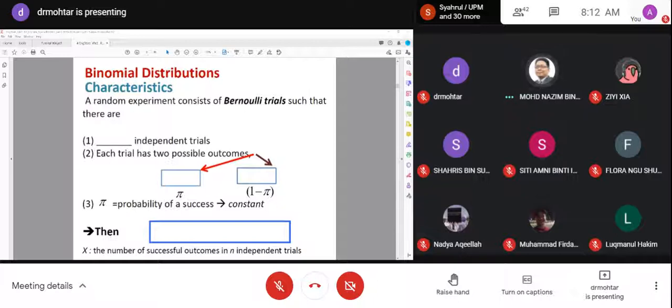So it can be either success, which is head, or failure, which is not head, or tail. So that is a Bernoulli trial.